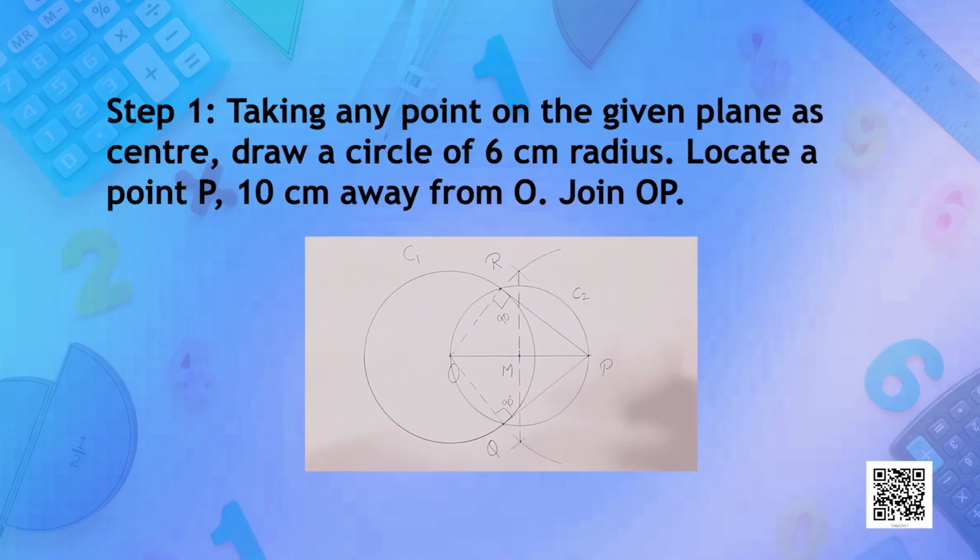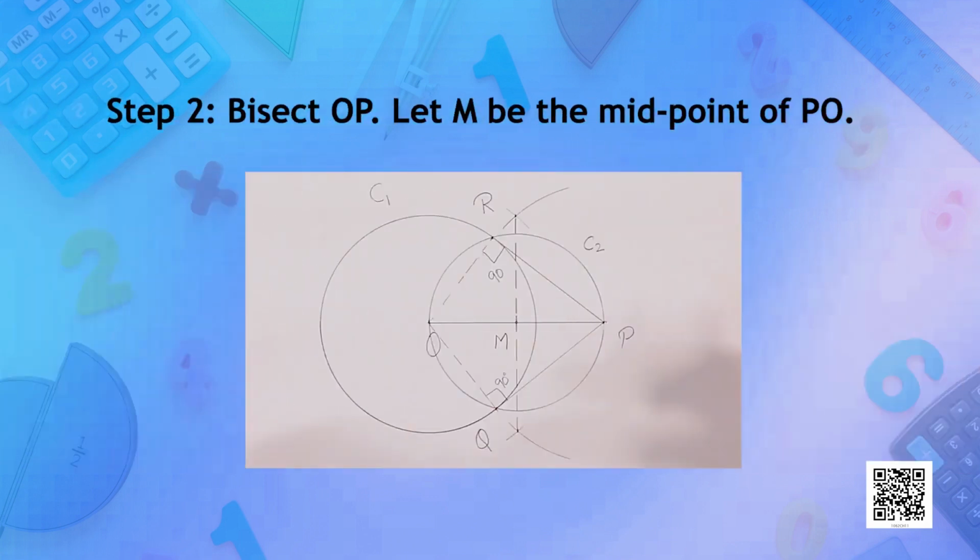First step is, take any point on the given plane as center, draw a circle of 6 centimeter radius. Then locate a point P which is 10 centimeter away from center O. Join OP. Next step is bisect OP. So, draw perpendicular bisector of OP. Let M be the midpoint of OP.